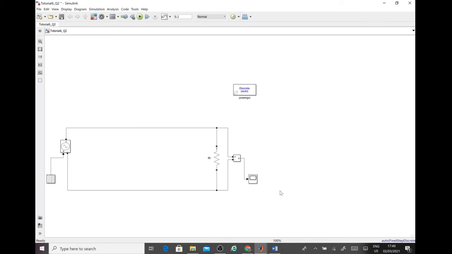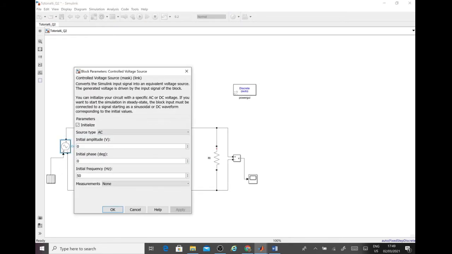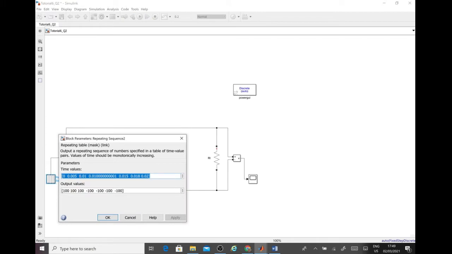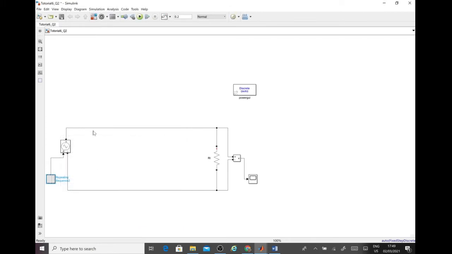Okay, so this is the circuit that will create that waveform. So over here we have a controlled voltage source, and that will be controlled by using the following table. Okay, so that will provide that kind of a voltage waveform that we saw already in the problem.